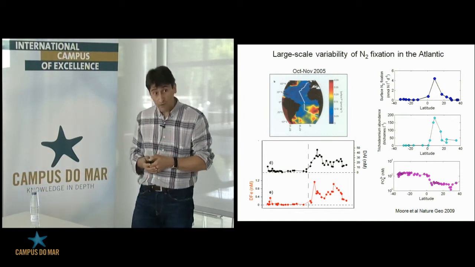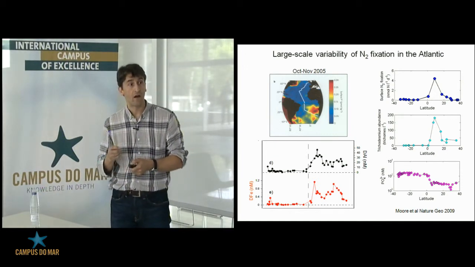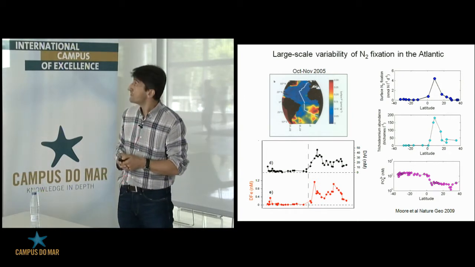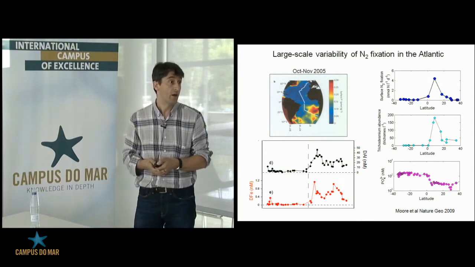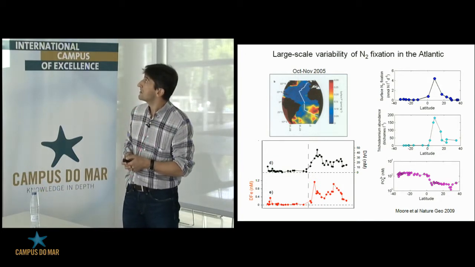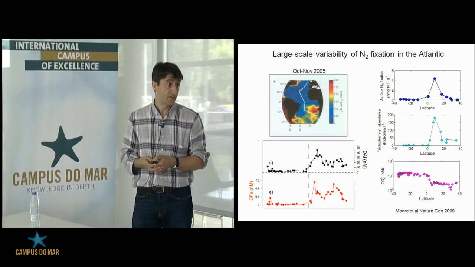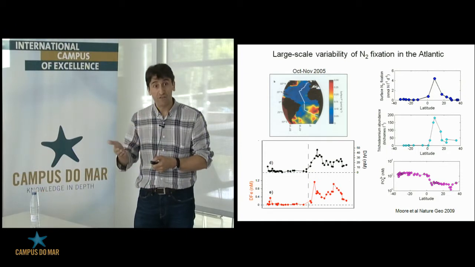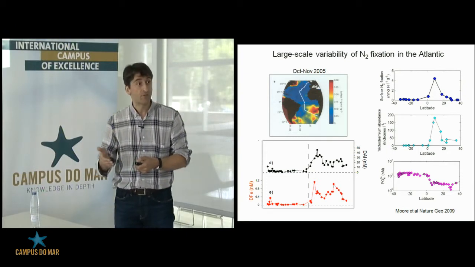Okay, as a result of that, what we find is a really different behavior of nitrogen fixation. Nitrogen fixation is much higher in the northern hemisphere than it is in the southern hemisphere, in the central Atlantic Ocean. Because there is more nitrogen fixation, there is an additional consumption of phosphorus.